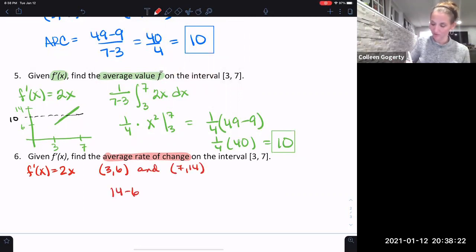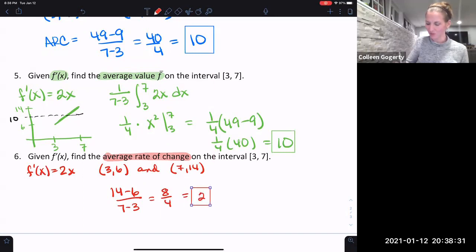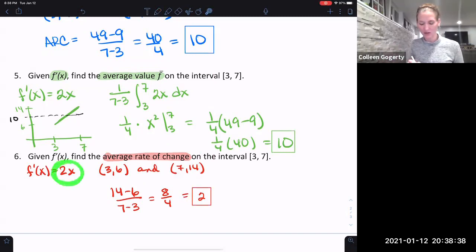So I'm just looking for 14 minus 6 over 7 minus 3, 8/4, or 2. And oh my goodness, did I actually need to do that work? Think about this. They wanted the average rate of change and the function was linear. We could have said 2 right from the beginning without doing any work, because if we have a linear function, we should be able to give the average rate of change, right?